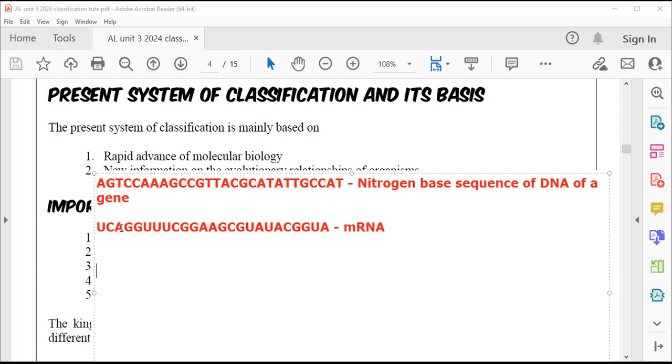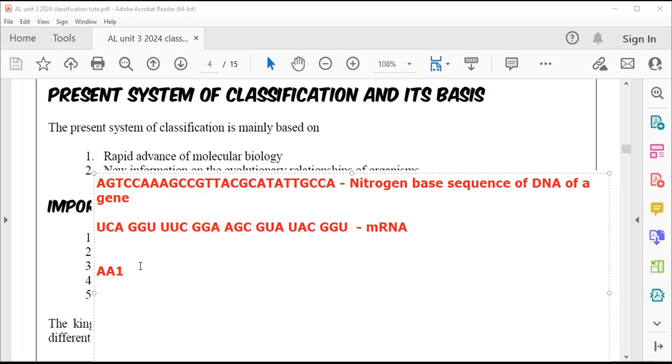UCA, the first three, that will be an amino acid. I'm marking just amino acid 1, that is for those three. GGU, I'm just separating here for you to simply see, they will not be separated.